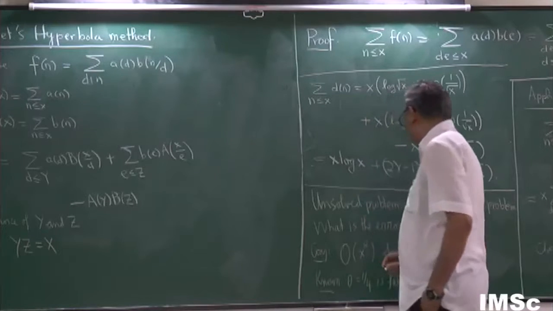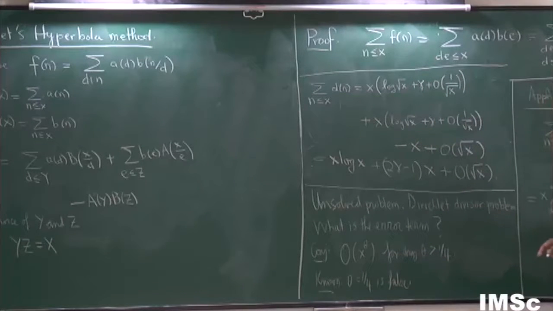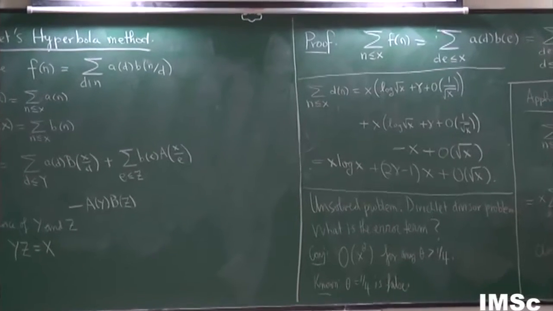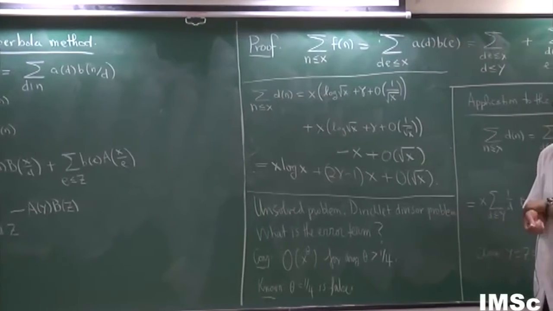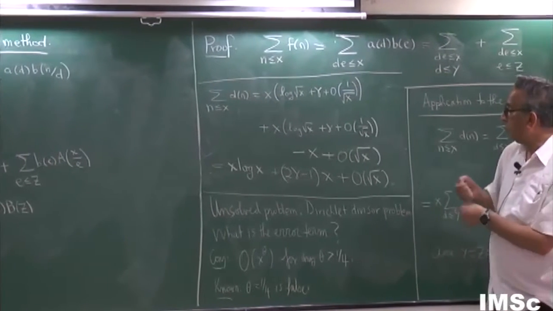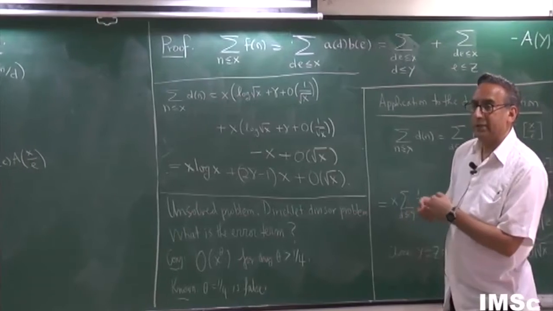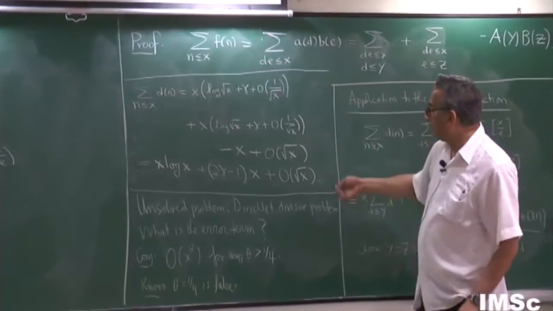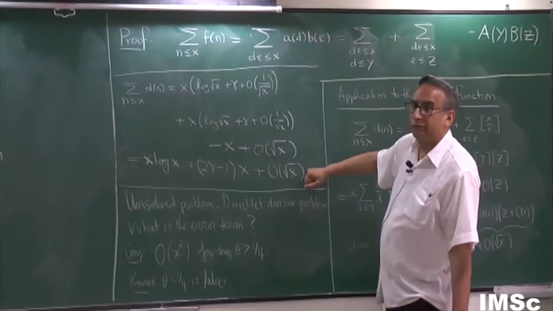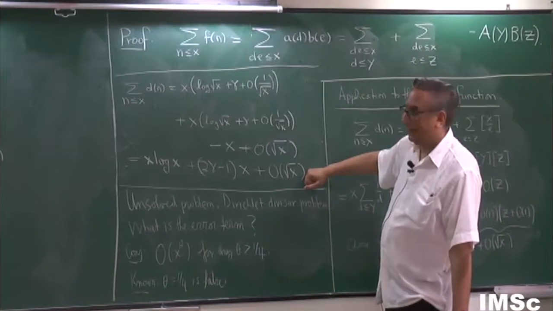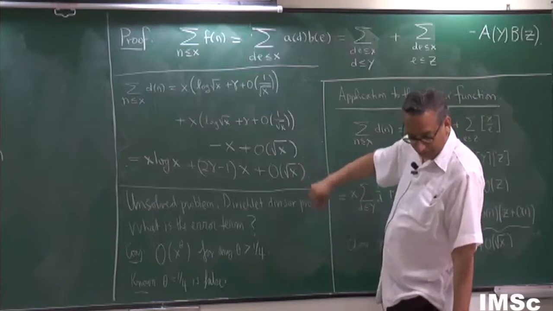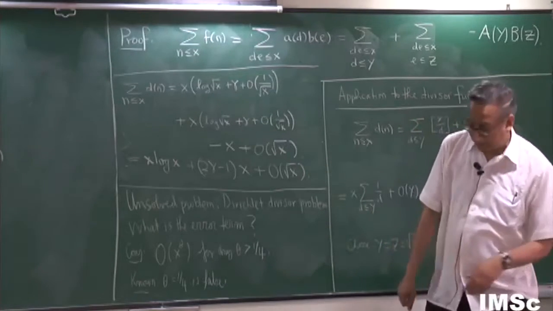And I don't know the record, but I know that theta equals a third has been proved, and maybe something very close to a third is the record at the moment. So trying to beat that error term, you can see things get more and more complicated. Actually, the best improvements on the error term of this particular problem use sophisticated algebraic geometry. So there are some interesting connections to geometry and things like that.